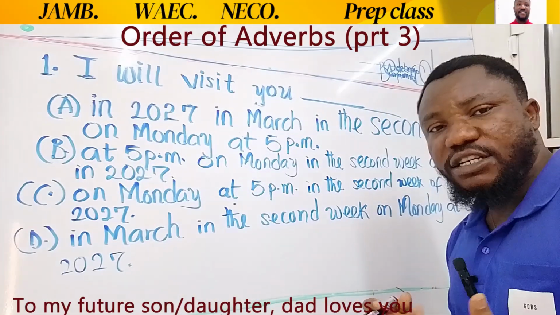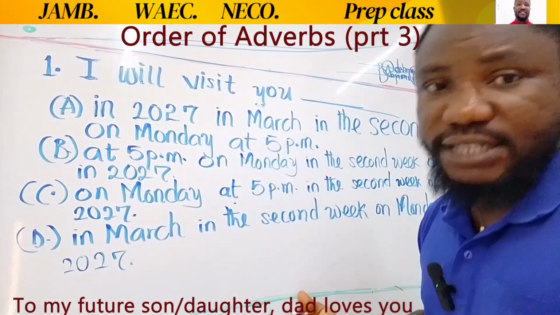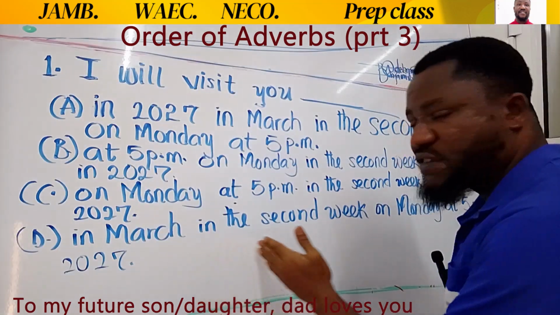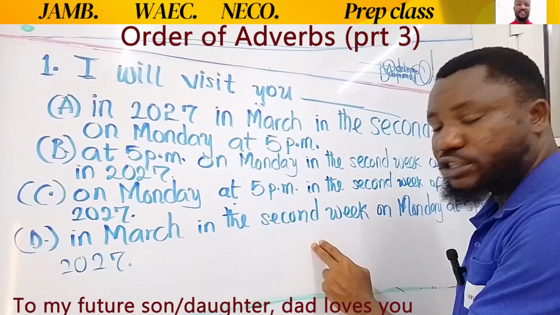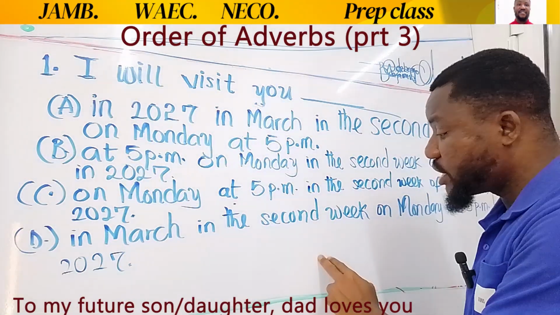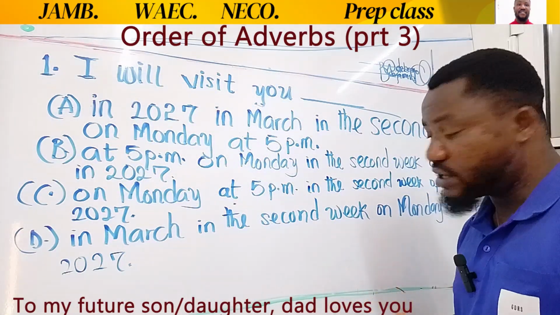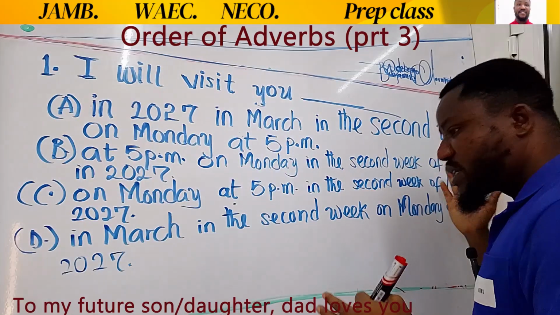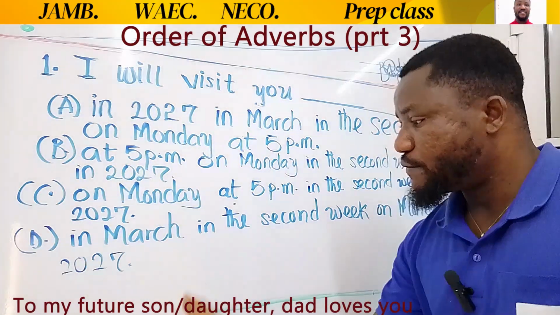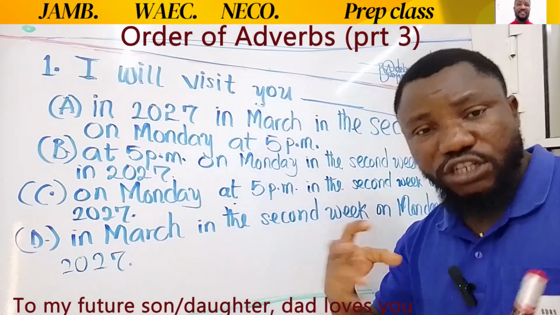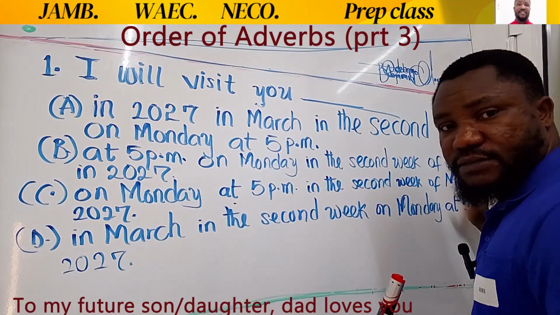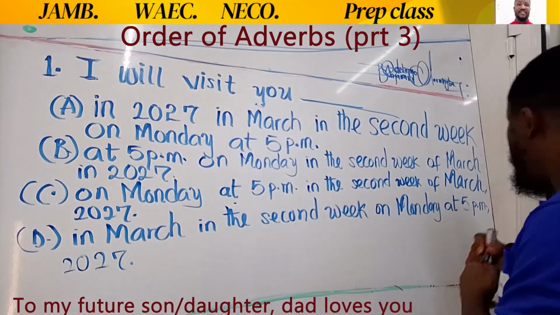You know that the standard unit of time is the seconds, right? So after second you have minutes, after minutes you have hour, after hour you have days, after days you have weeks, after weeks you have months, after months you have year. Just like that. So you move from the smallest unit of time to the biggest. That is the structure to apply.